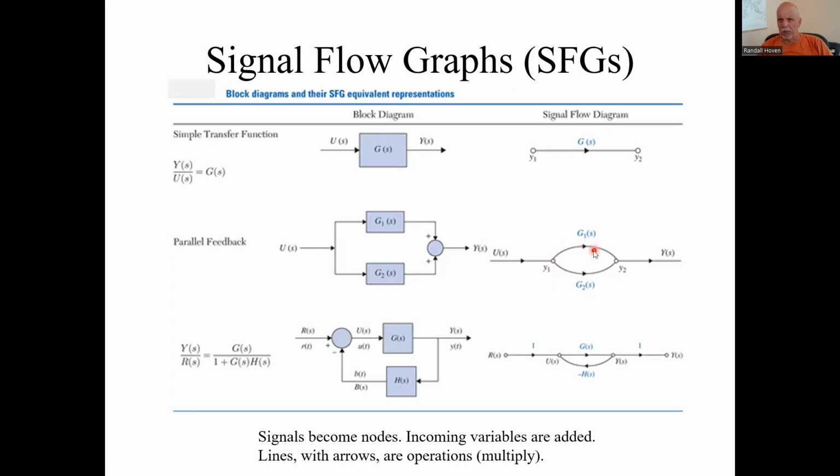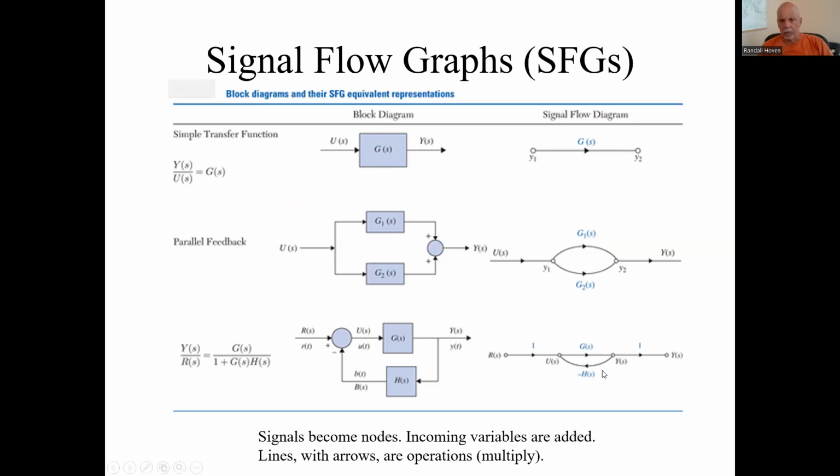One gets multiplied by G1, the other by G2. And when these two branches join like this, that means they add. So Y2 is the sum of G1 Y1 and G2 Y1. So this signal flow diagram is equivalent to this block diagram.